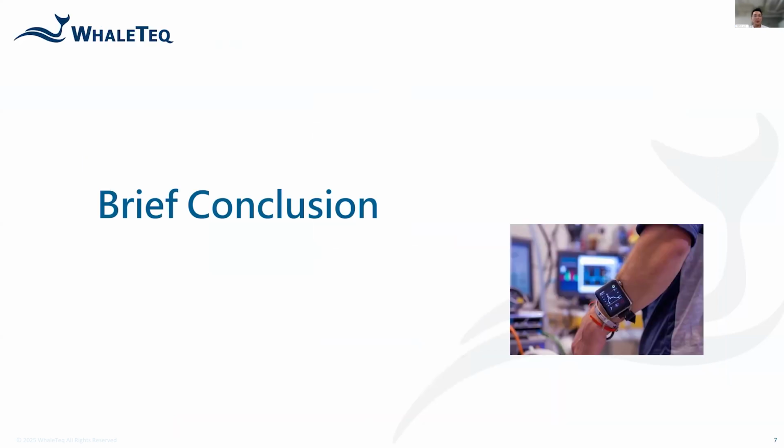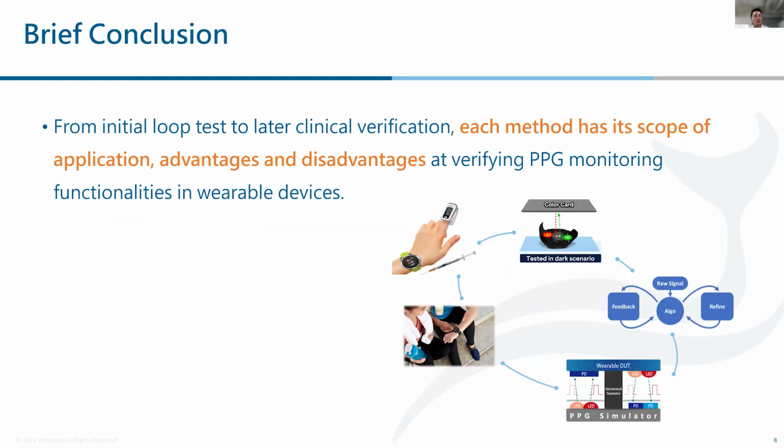So now we can wrap up our opening by saying that, from the initial loop test by the gray card tester to the later clinical trial verification, each method has its own scope of application, advantages and disadvantages in verifying PPG monitoring functionalities in a wearable device.